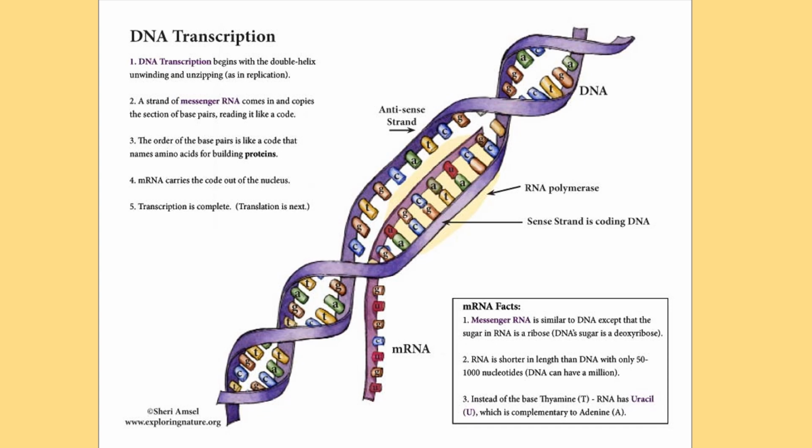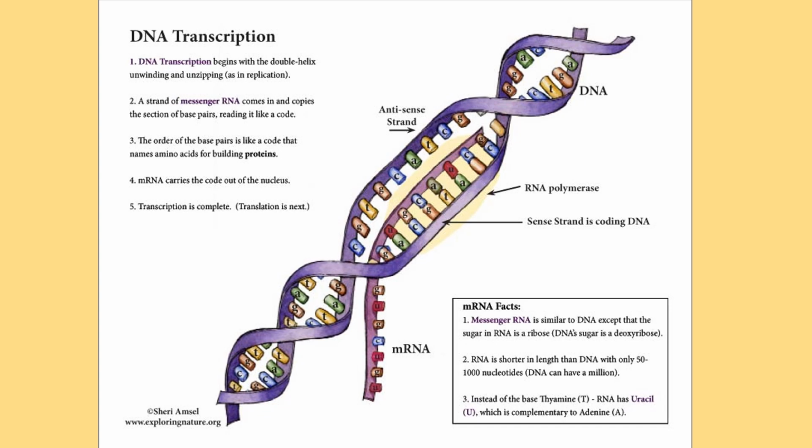This image shows you the process by which a gene is used as a template for the formation of a new molecule of messenger RNA. Nucleic acids rely on what's known as complementary base pairing. Perhaps you've heard about that in another biology class.